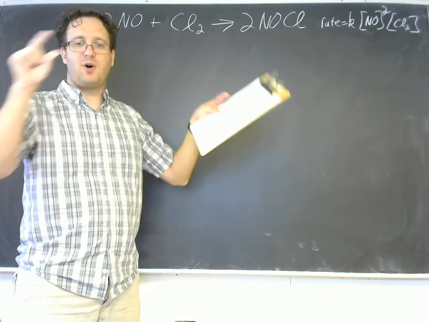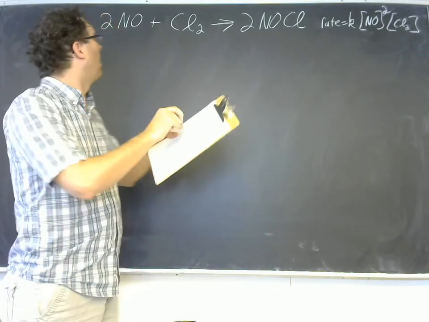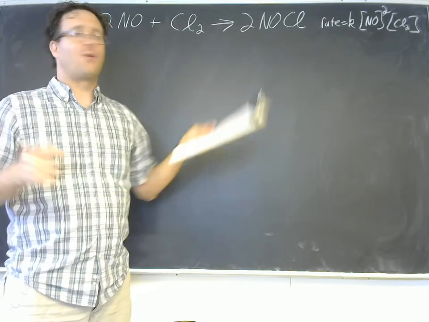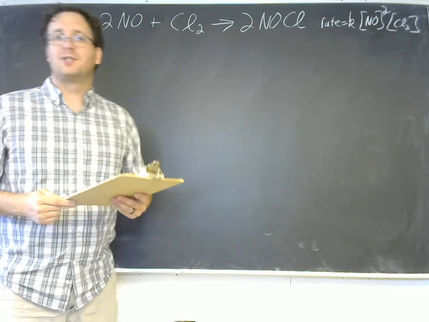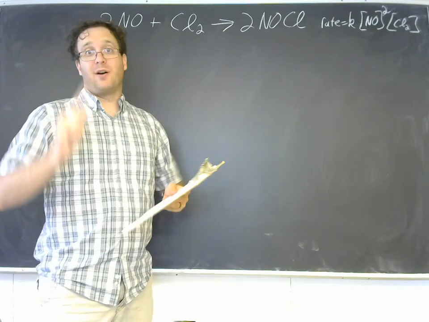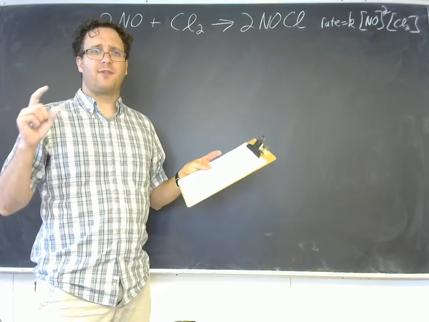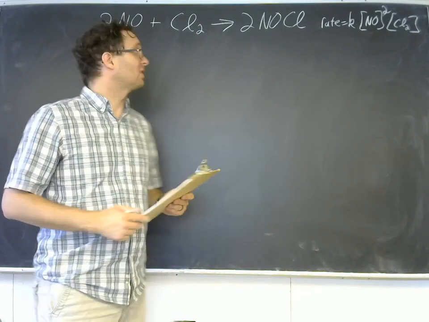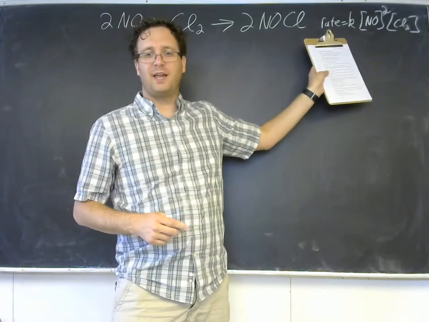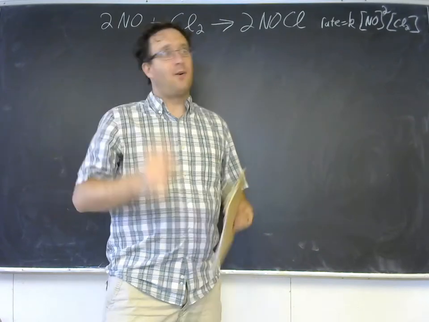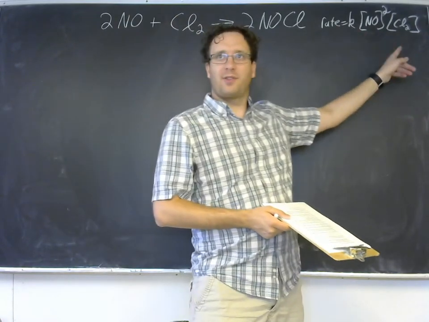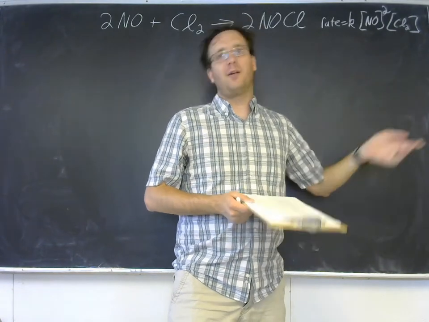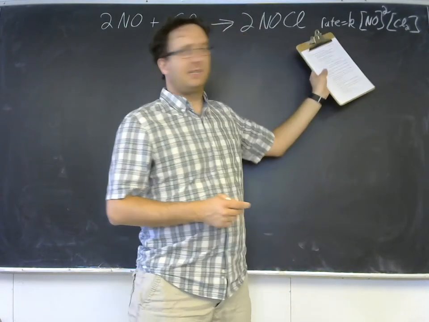All three molecules come together and they break and form bonds, and you get your NOCl out the other side. But you know better now. You know that the probability of having a termolecular elementary step in your reaction mechanism is vanishingly small. So there must be some other complexity that's going on right now. But we still have a third order reaction overall. So there is no single elementary step that's going to lead to this rate law.